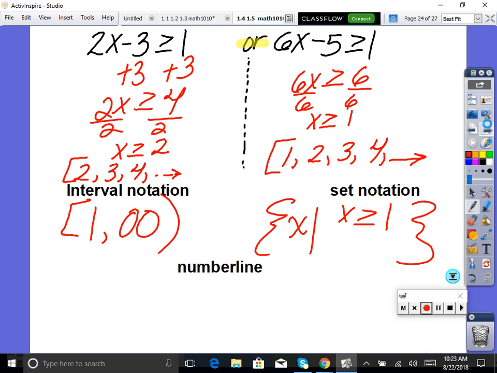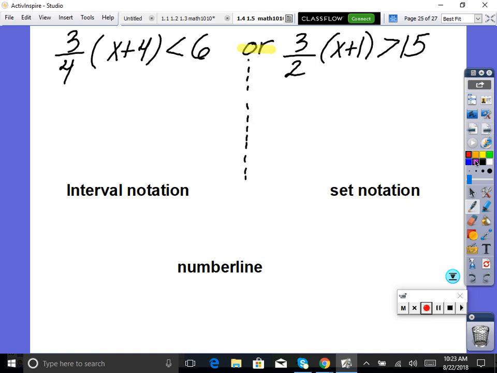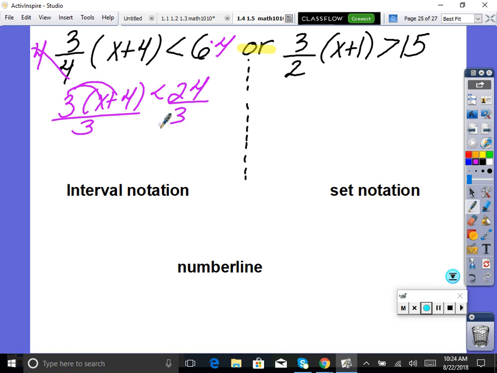Okay. All right. What would we do here? I don't want you to get freaked out by fractions. What would you do? Same thing if there was an equal sign. How do you get rid of divide by 4? Times by 4. So then we have 3 times x plus 4 is less than 24. Then we would distribute 3. Oh no, let's divide by 3. It would have worked still.